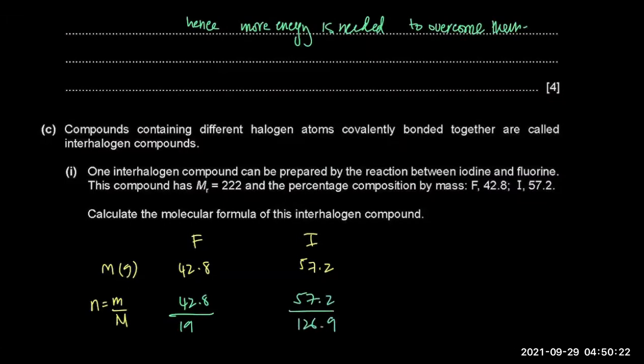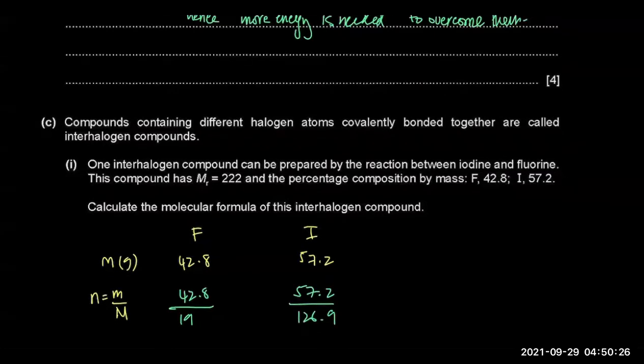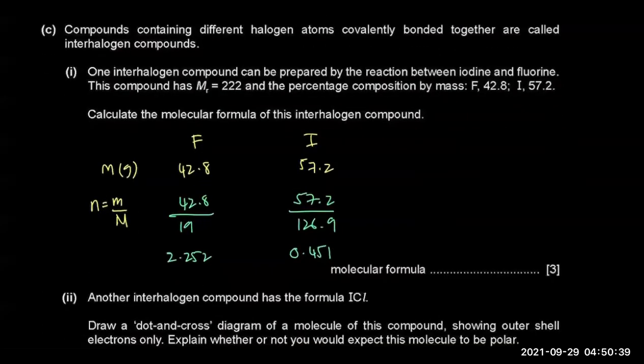So what does the mole ratio come out to? 2.252 for fluorine and 0.4514 for iodine.